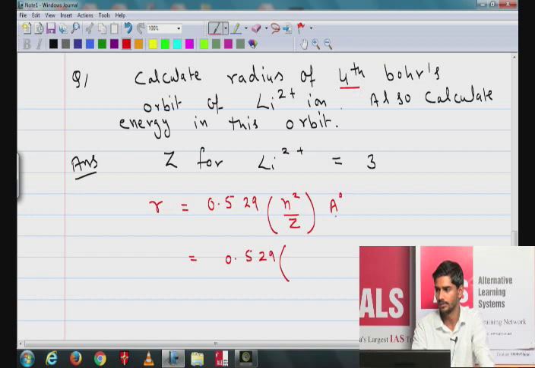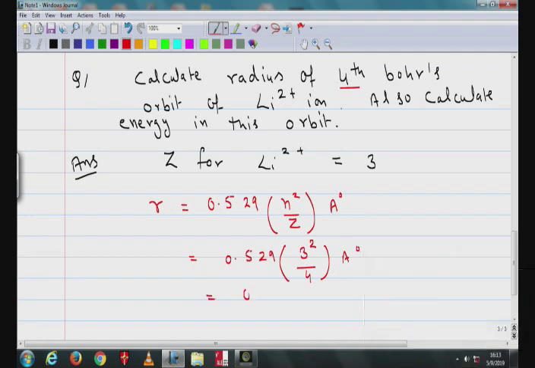Okay, we have got one answer. With your name, guys, this one will be what? 3 square upon 4 angstrom. So if we solve it, it is 0.529 into 9 by 4. Let's see what the answer would be.